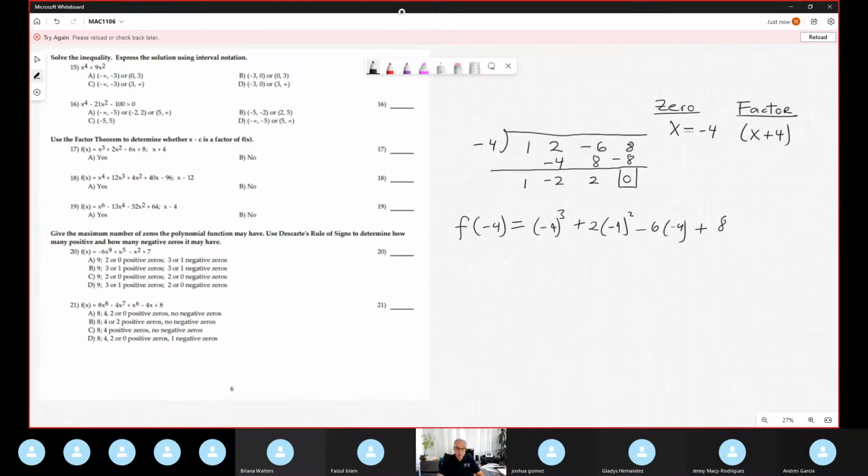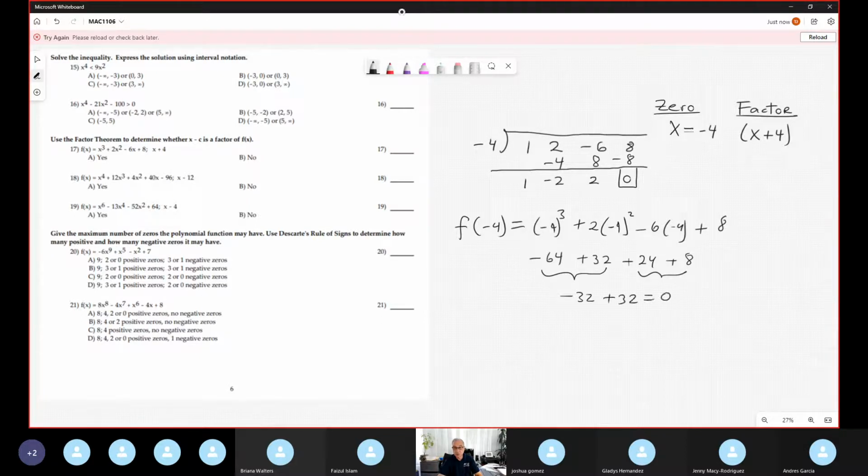So -4 cubed is -64, because the multiplication -4 times -4 times -4, three times, is obviously negative. Now the second is -4 squared, which is 16 positive, times 2 is 32. This is negative times negative, so positive 24, and 8. Now when you are doing this operation it's -32, and when you are doing this operation it's positive 32.